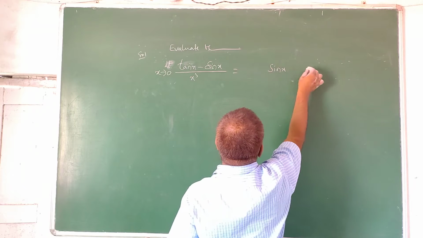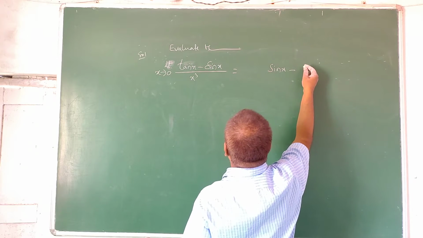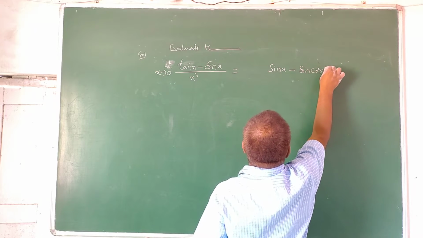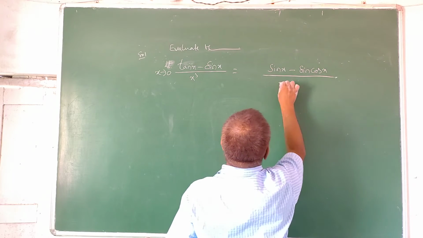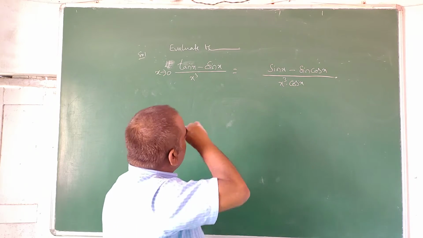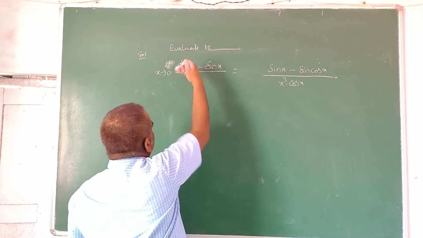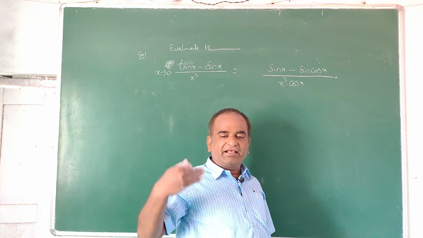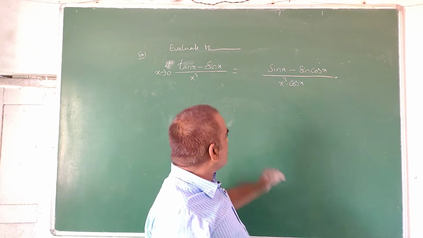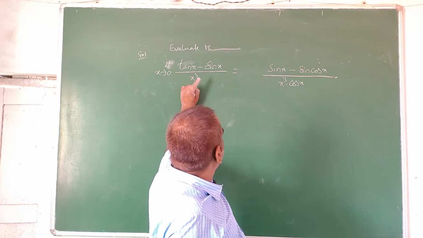If you take cos x as LCM, we get (sin x minus sin x cos x) by x cube into cos x. Did you understand? I wrote tan x as sin x by cos x, and I took cos x LCM.